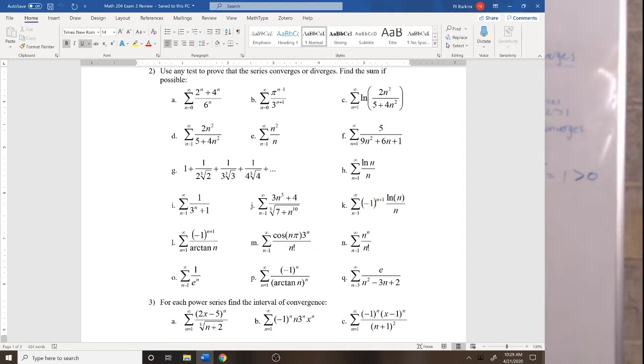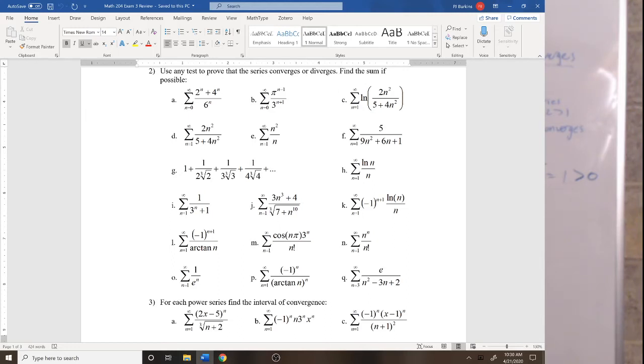Let's see. What about P, as in Paul? If you break up part A, then if one of them converges, then the other must also converge.